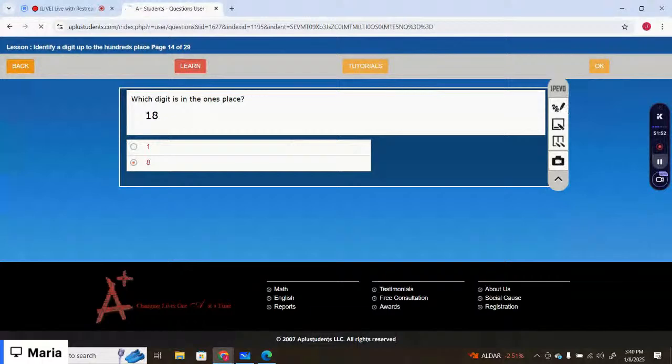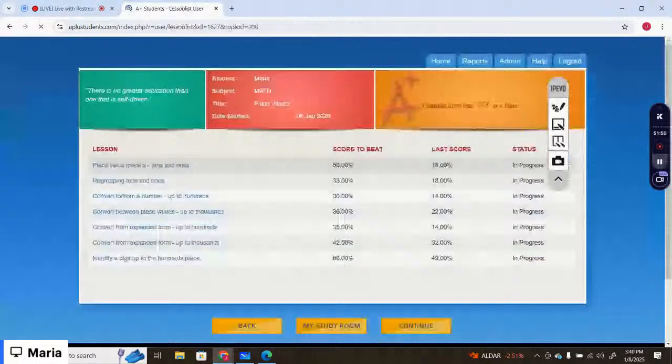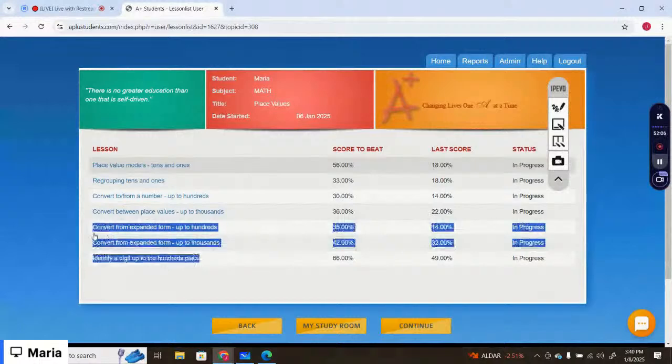Okay, you can complete the lesson by yourself later today. So we were working on grade 2 math. The chapter we were working on is place values.